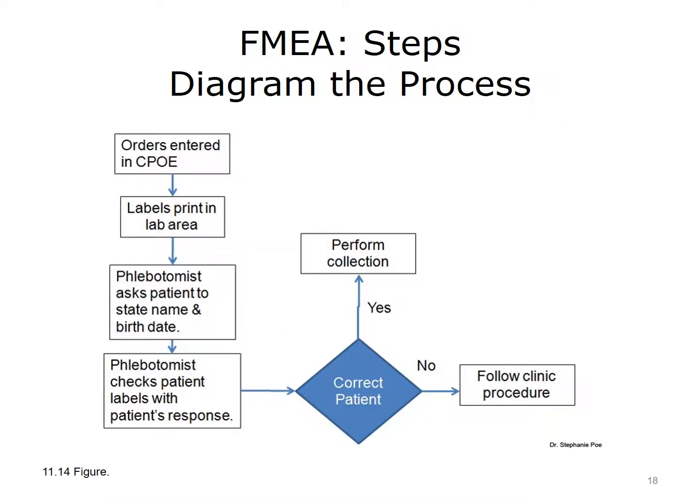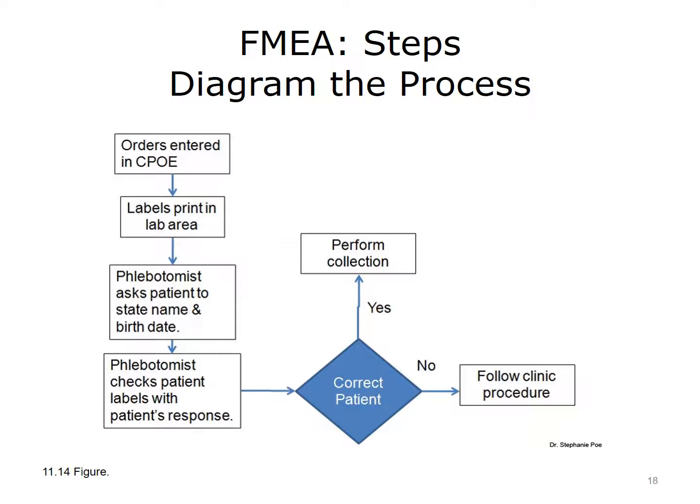The flowchart diagram starts with "CPOE orders entered." It is connected to "labels print in lab area." This one is connected to "phlebotomist asks patient to state name and birth date." This one is connected to "phlebotomist checks patient labels with patient's response."